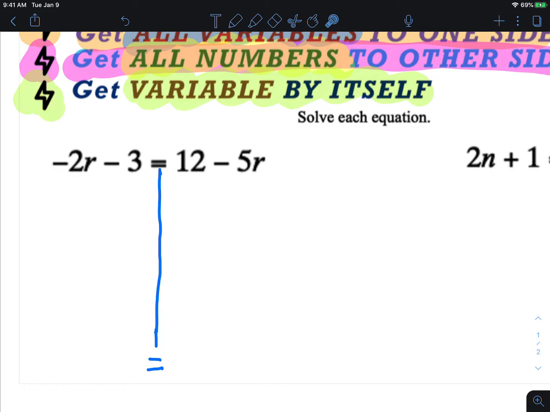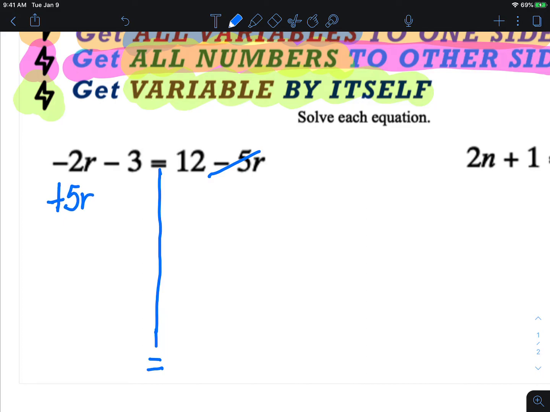In this case, I'm going to bring this minus 5R over to this side. What is the inverse of minus 5R? When I cross it out and it comes over to this side, it becomes plus 5R.